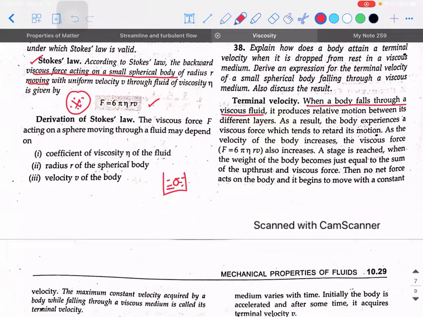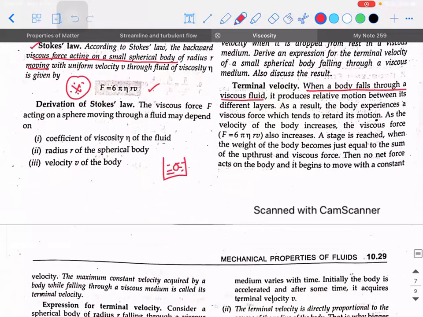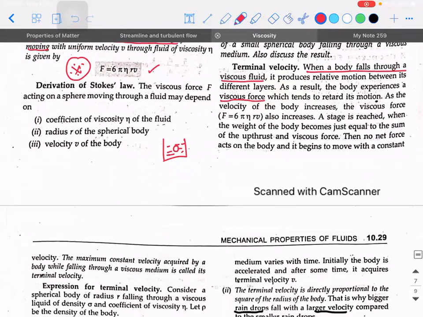As a result, the object will also start experiencing a viscous force, which will tend to retard its motion. The viscous force obviously is going to retard the motion of the object. But as the object is moving down, it is observed that its velocity will increase. After a particular point, it is observed that its velocity is going to become a constant value.